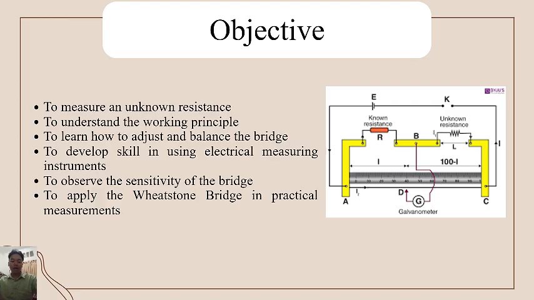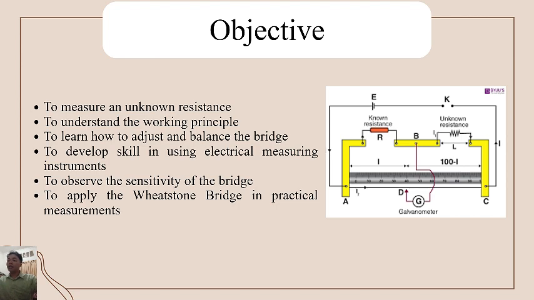Number 4, to learn how to adjust and balance the bridge using variable resistors or a sliding contact to achieve zero galvanometer deflection. The next is to develop skill in using electrical measuring instruments such as galvanometers or voltmeters. The next is to observe the sensitivity of the bridge and how small changes in resistance affect the balance condition. And the last one is to apply the Wheatstone bridge in practical measurements such as detecting small resistance changes in sensors.